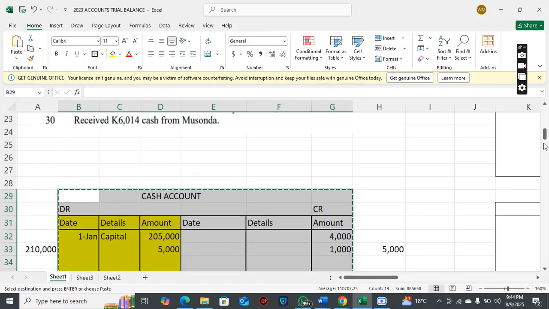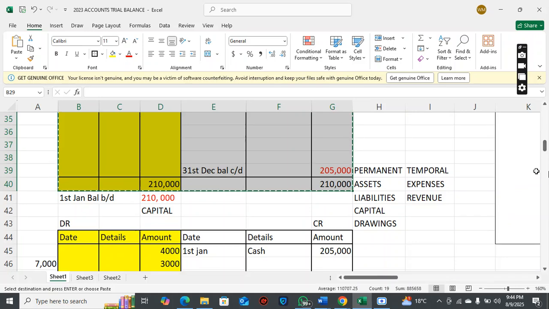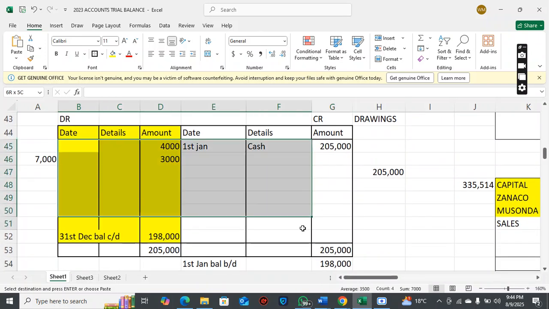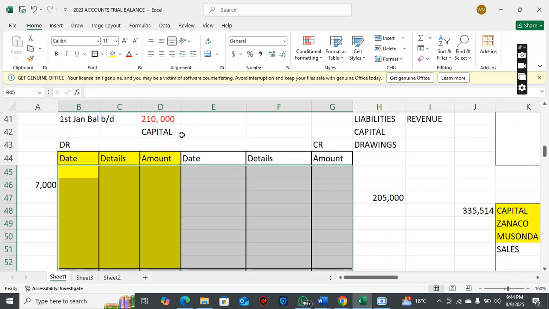Okay, so as I said, temporal accounts need to be reset to zero. Let's say this is the purchases expense account.